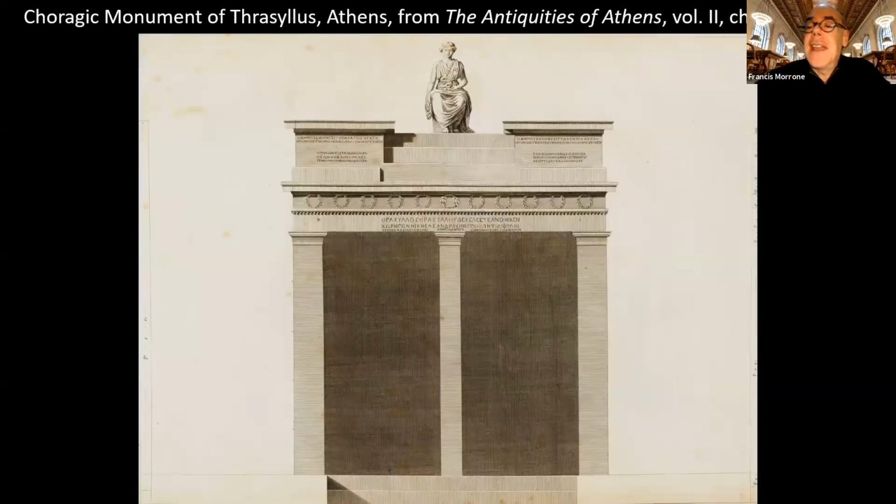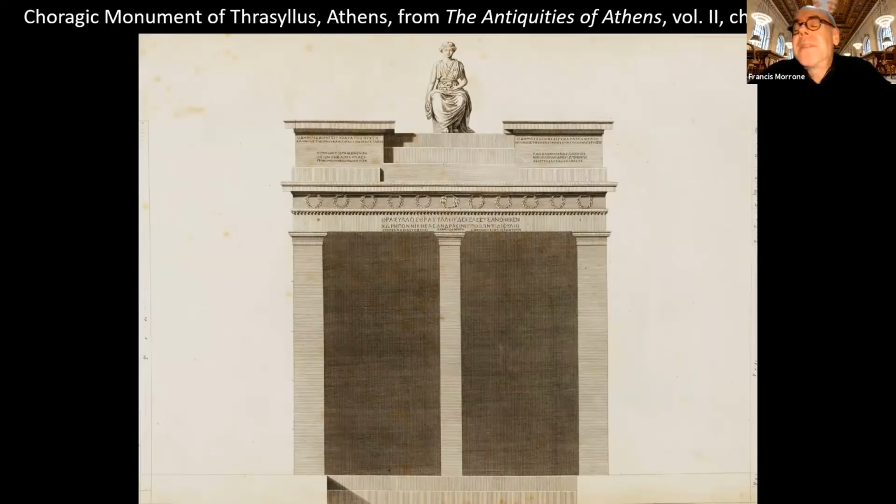And finally, there are these things that we call, now this is another word for which there are variant pronunciations. I was taught 40 years ago to say choragic, but some people say choragic. I was at a conference recently and people said choragic, but choragic.